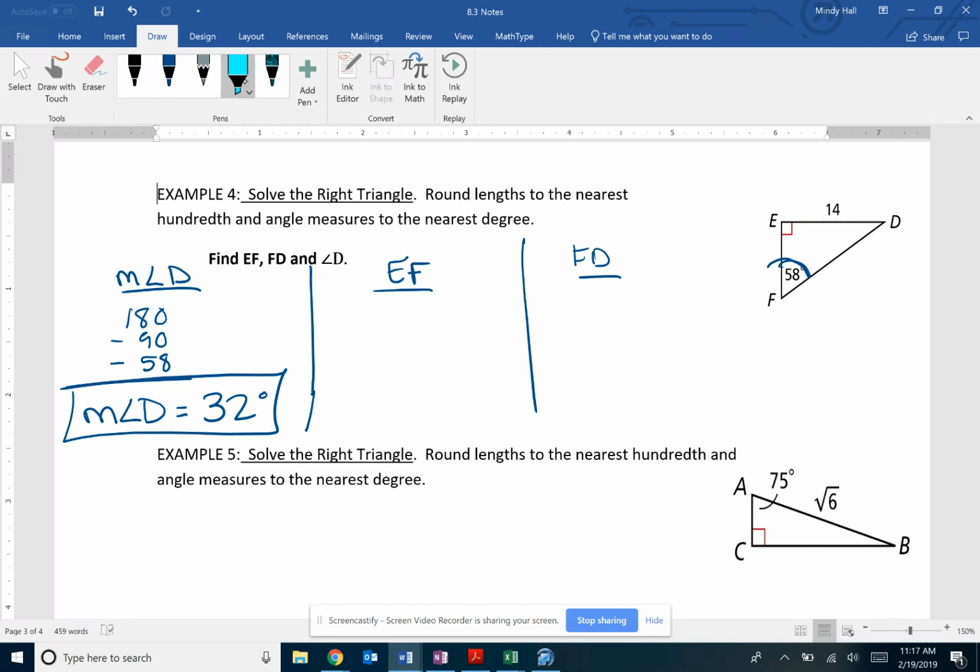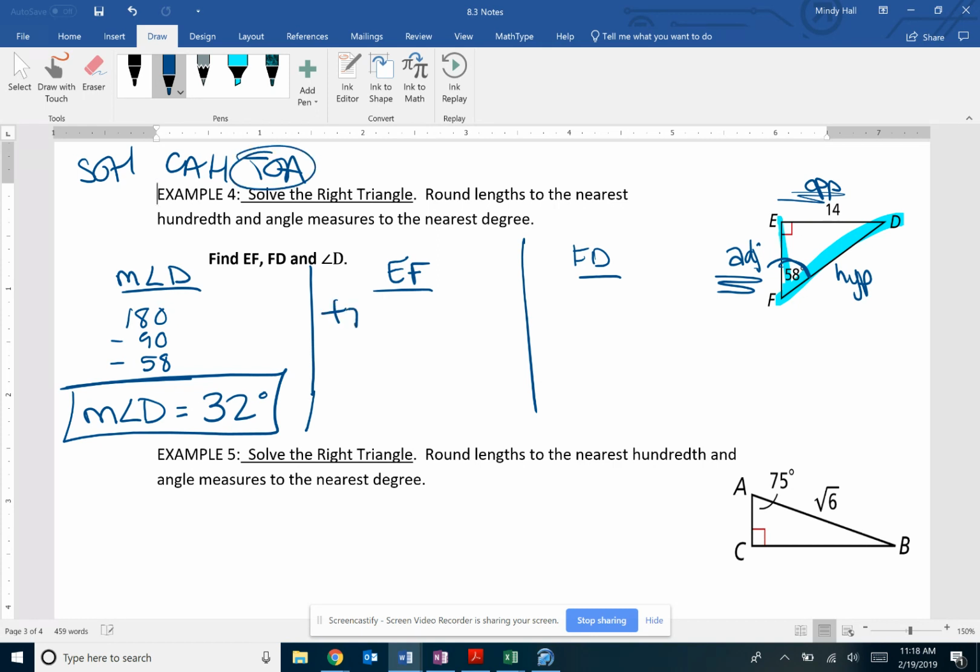So if I want to find EF and FD, I would probably base it off of the 58 degrees because it was already given to me. So that would make the 14 opposite and the EF adjacent and then the hypotenuse. So using SOHCAHTOA, to find EF, I would need my adjacent and my opposite. Because I need adjacent and opposite, that would be TOA. So tangent of 58 equals opposite over adjacent.